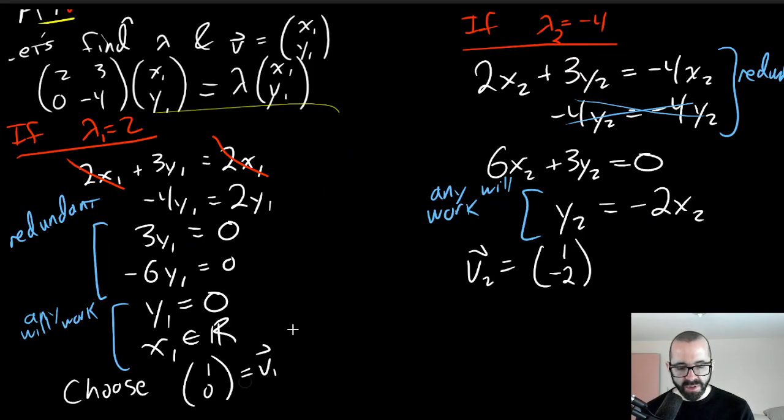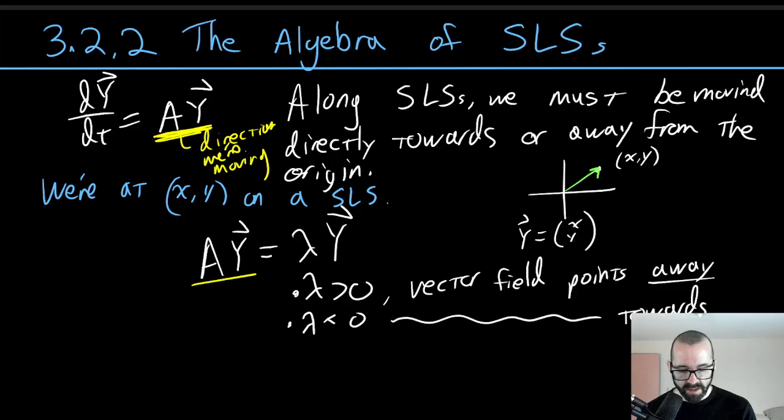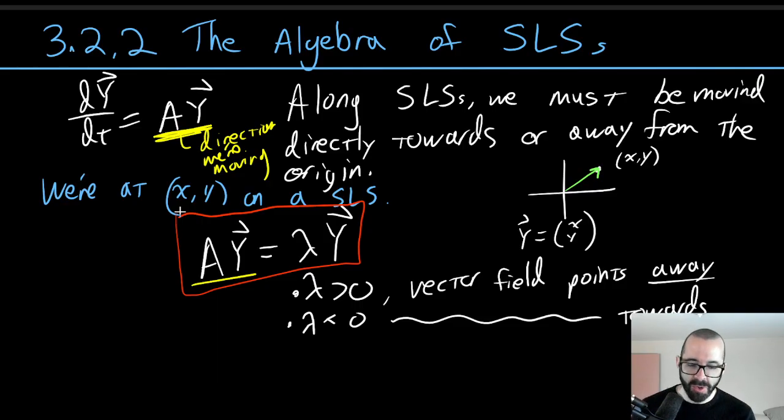For each value of lambda, we found infinitely many vectors, all with the same direction, infinitely many vectors that satisfied that. So, we just found our straight line solutions. And it all came back to this extremely important equation, which is fundamental in linear algebra, which you can take in a future quarter if you haven't already.